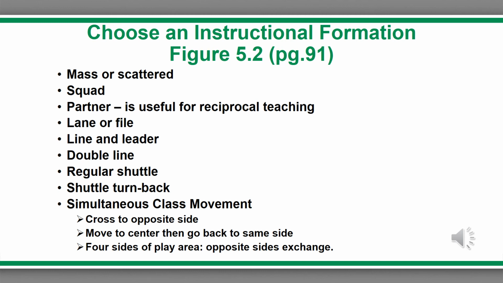Your lane or file formation is very good for locomotor activities. The front of the lane moves and then takes their place at the rear of the lane. Line and leader is one option where the leader is standing there, and then you have 3, 4, 5, 6 students forming a line where the leader might toss and take turns tossing to each one of the students in the line.